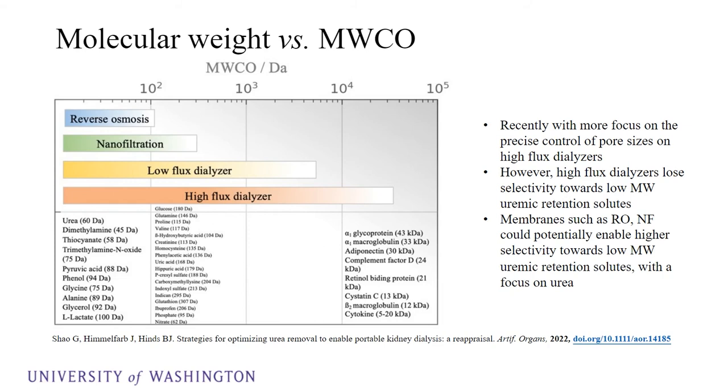However, most of the retention solutes are in this low molecular range, and we have to study the properties of membranes such as reverse osmosis and nanofiltration to get a better control of the filtration of these small molecules.